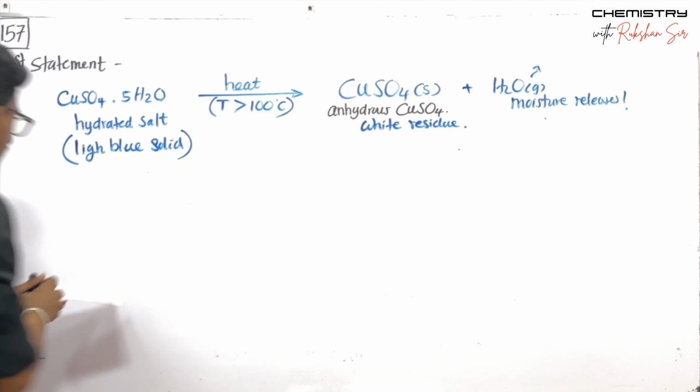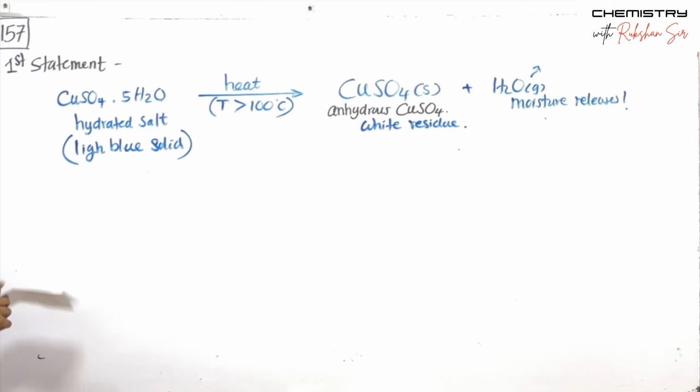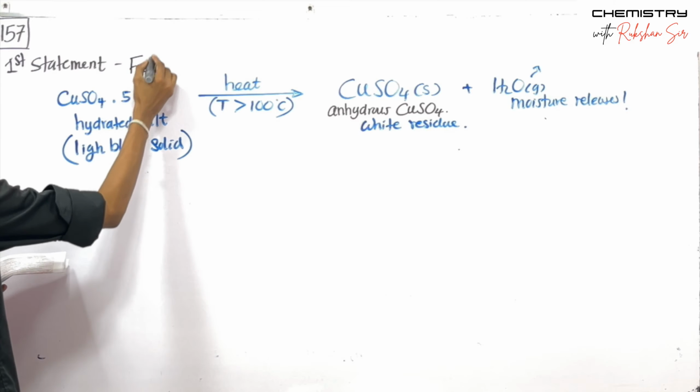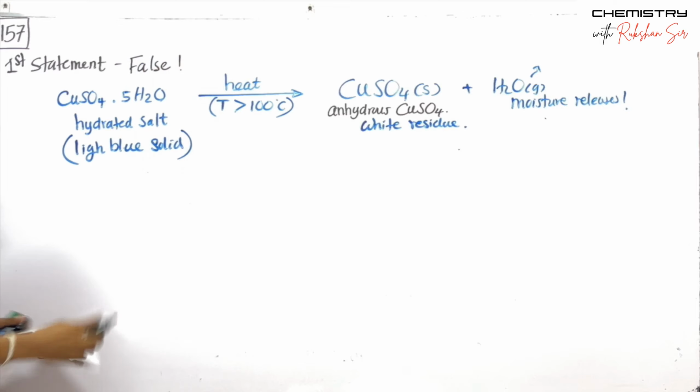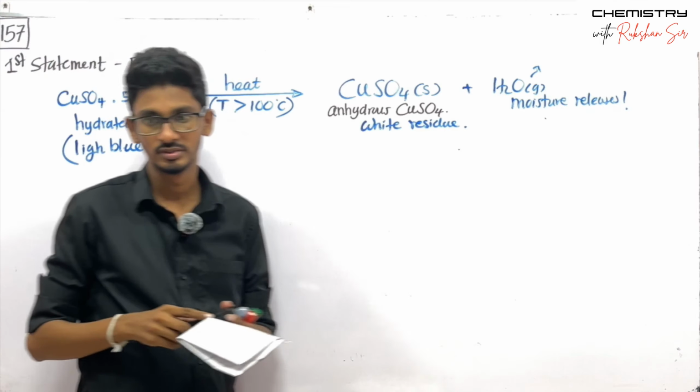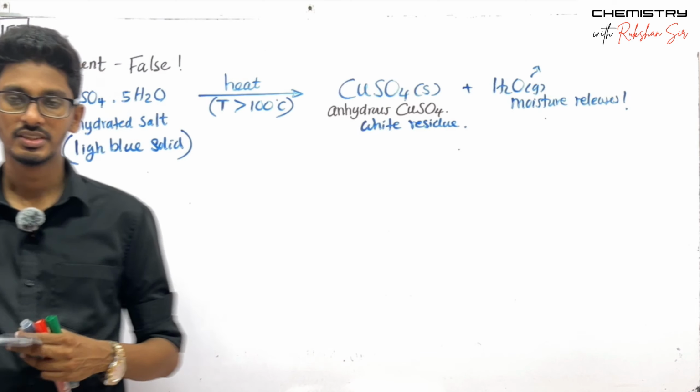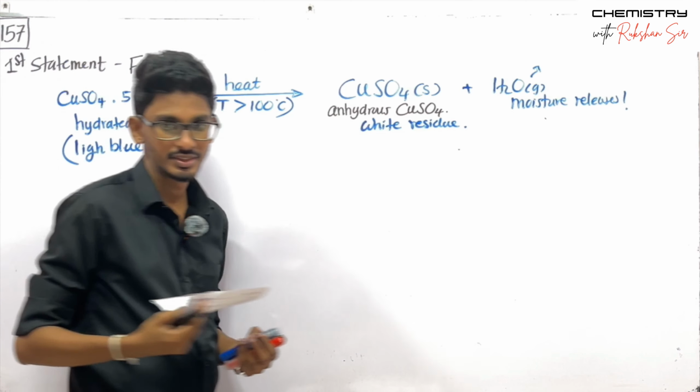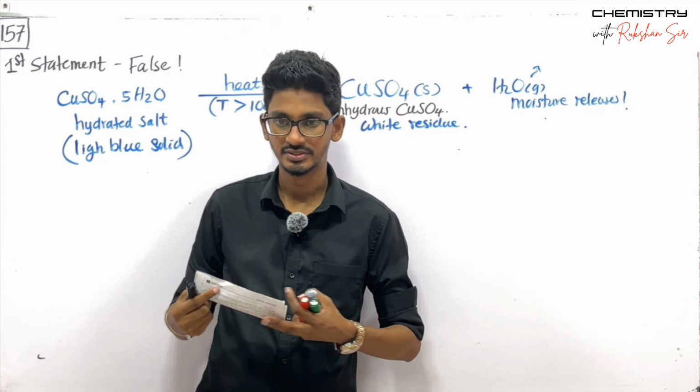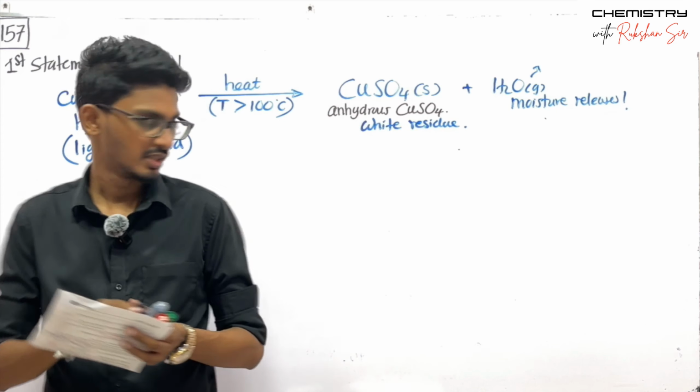Don't take it as colorless. So the first statement is false, as they are mentioning this one as colorless. That is wrong. It is white. Solids without colors are white.